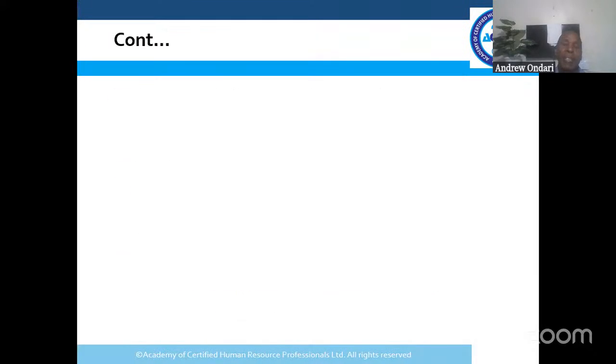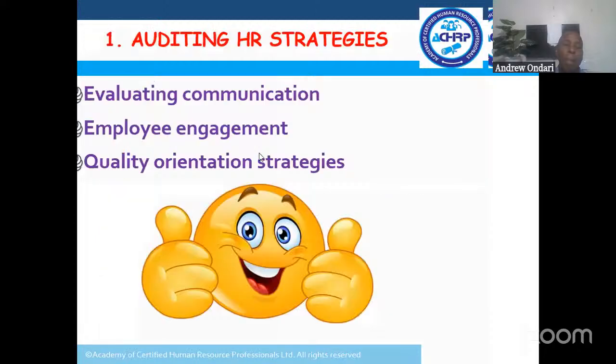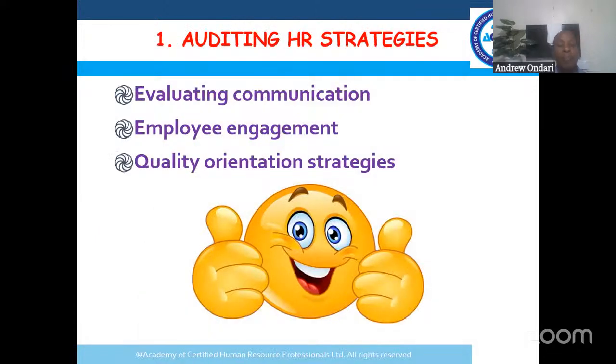And if there is anybody who has a question with regard to the three aspects of strategy, you can ask. And those are the ones that we have covered: evaluating communication, the accuracy, clarity, and timeliness, engagement, strategies to retain people, and quality strategies to ensure that our customers are happy all the time.